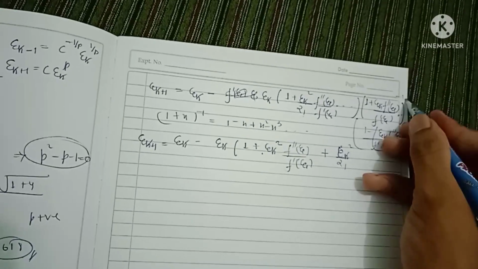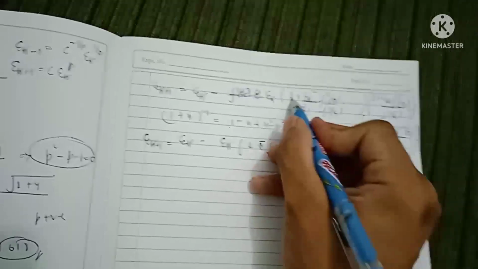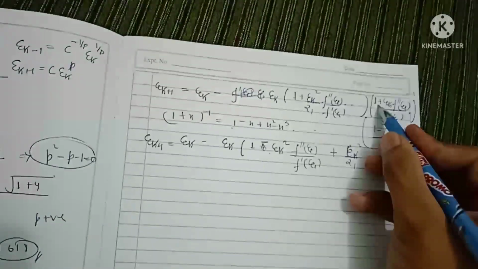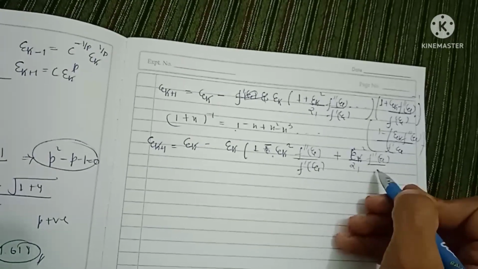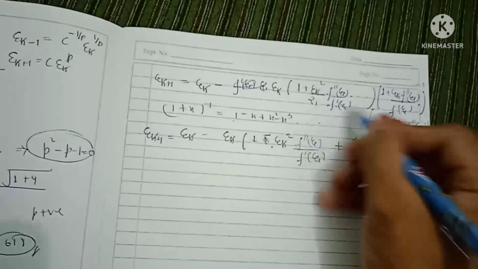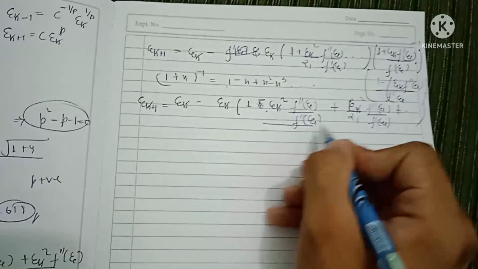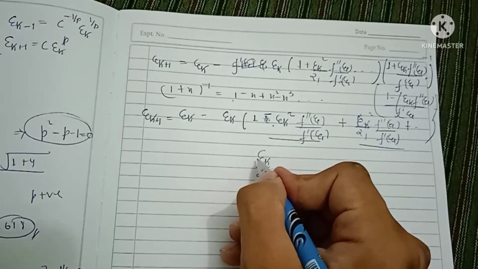Hence minus 1 is inside because of this, so here we would have minus 1 into minus, and then this into this, so we have e_k f''(epsilon) upon f'(epsilon), and we will not have to write this into this because it gets neglected. On solving this we have e_k upon 2.